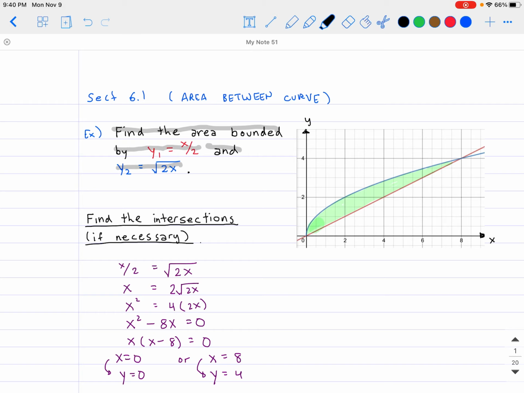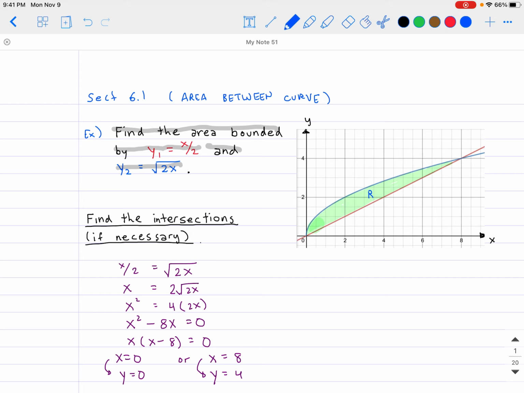I have the two equations on the right-hand side, and the area I'm looking for is the region that I shaded in green, in between the two. We'll call that region R for the time being. I want to find the area of that little region R.